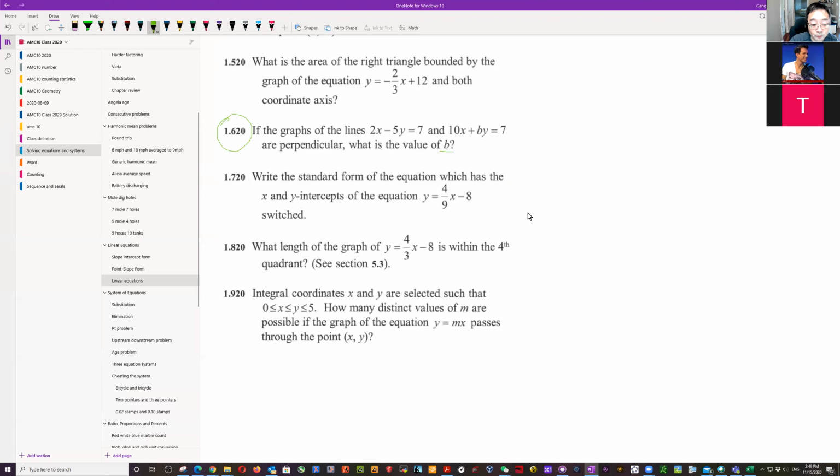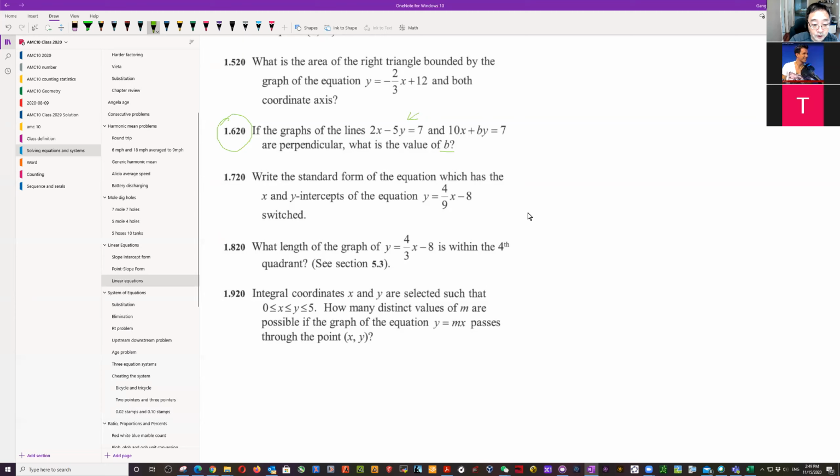To do this type of problem, we first have to find the slope. To find the slope, we need to change this standard form into slope-intercept form. All we need to do is isolate y.